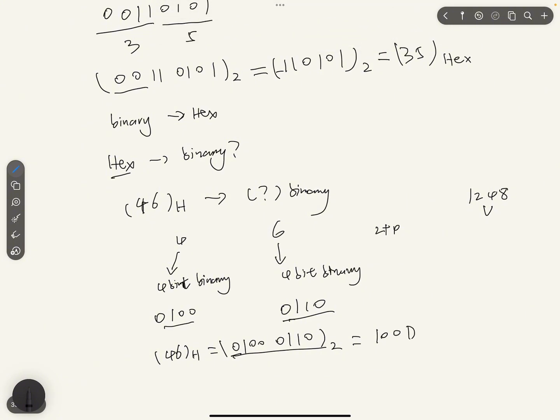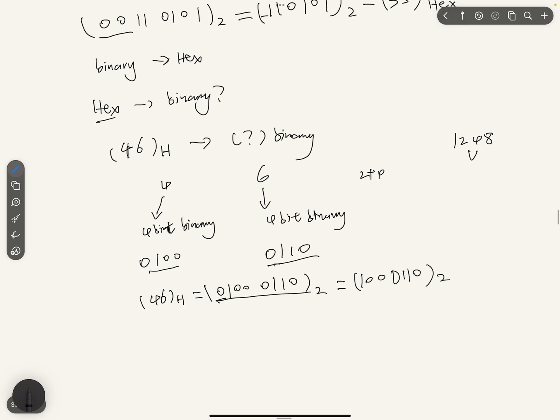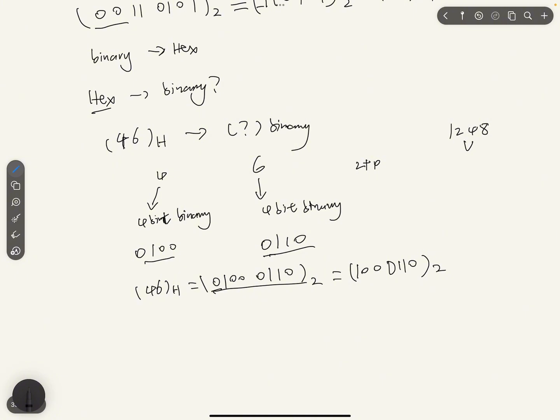We can just leave that 0, it still won't change the result. And same thing, if we want to test our result, we can convert it back to the hex. So that would be 4 and that would be 6. So that would be 46 in hex.